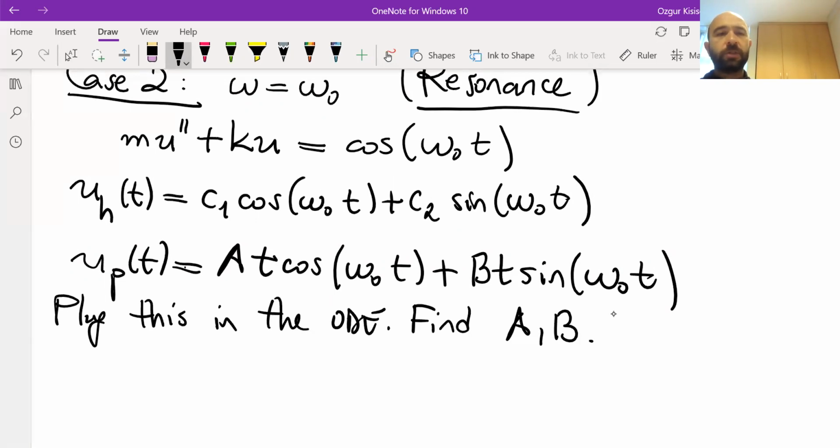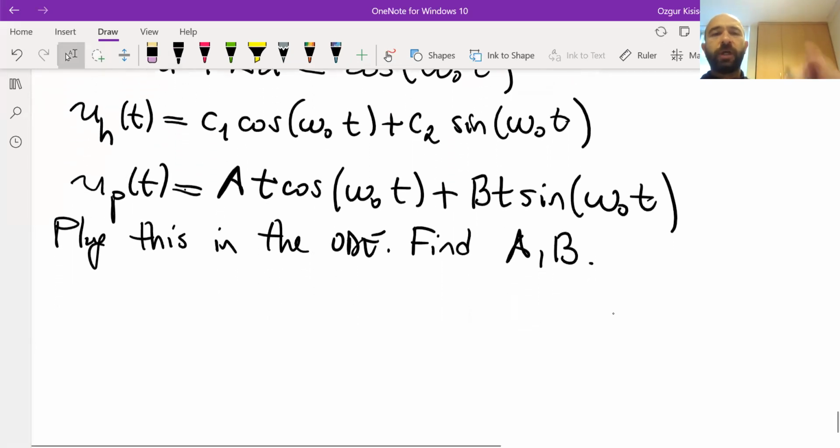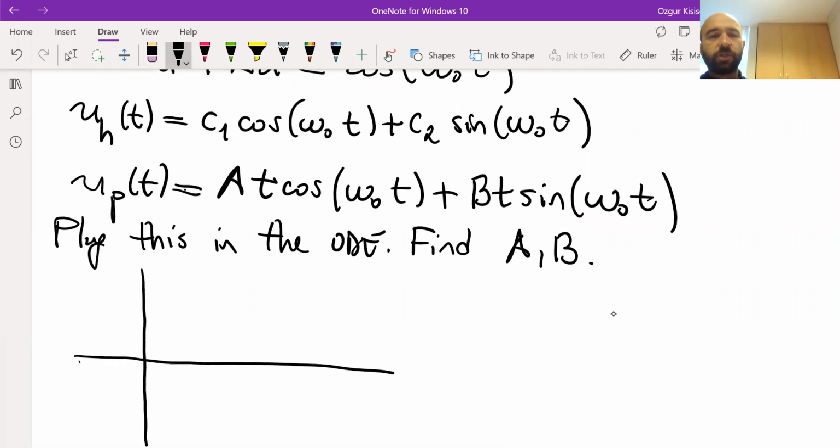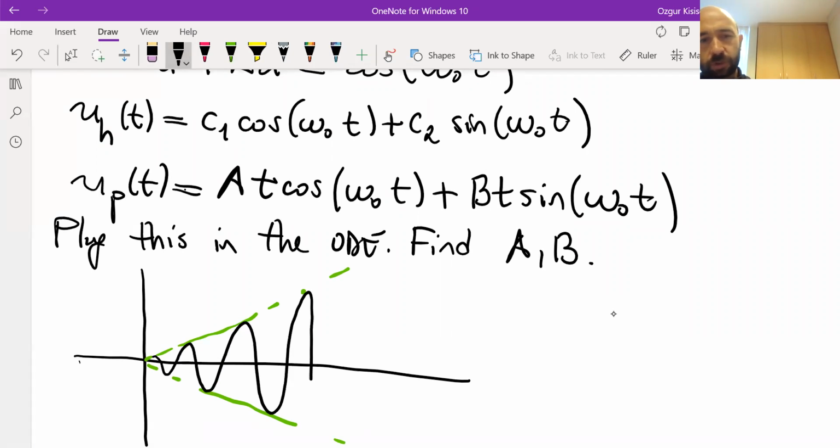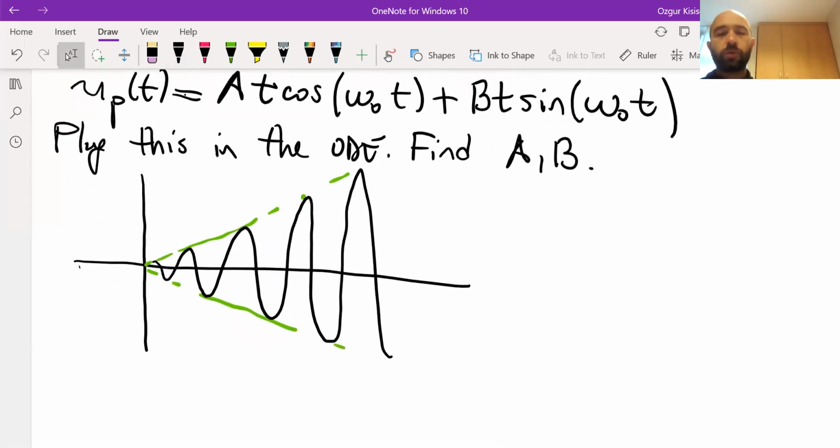Now, the important thing about this solution is it looks like t times a trigonometric function. So its graph is essentially going to look like that. You'll have some curve like u equals a constant times t. If you want to find the slope of these lines, you have to compute A and B first. But then you have some possibly shifted cosine wave going back and forth between these two values.